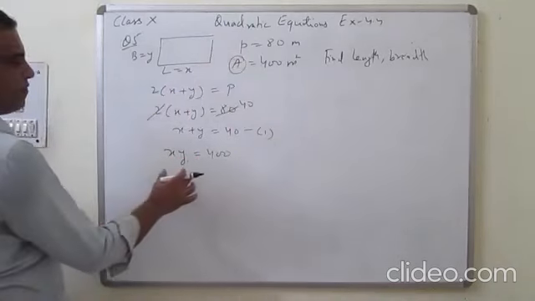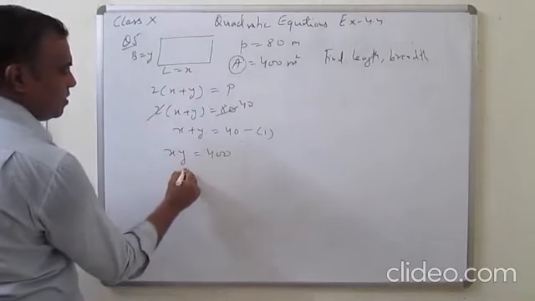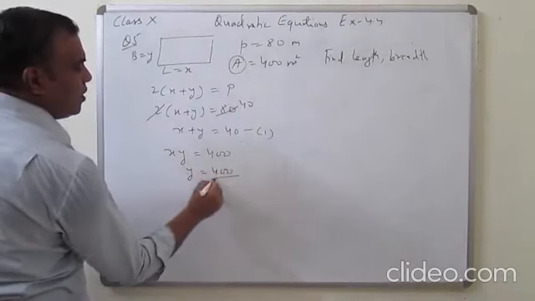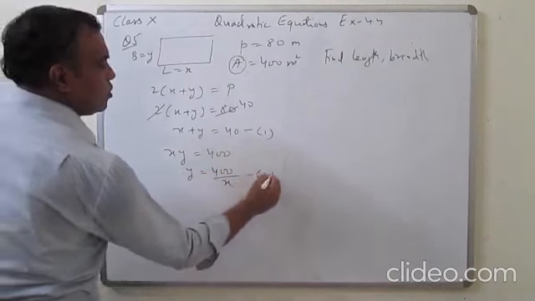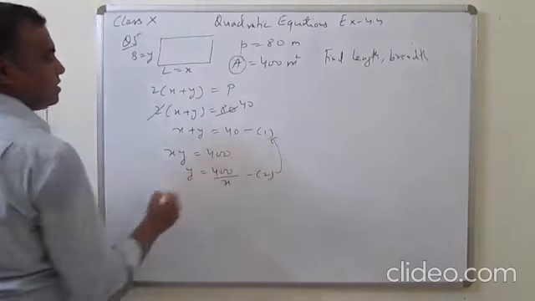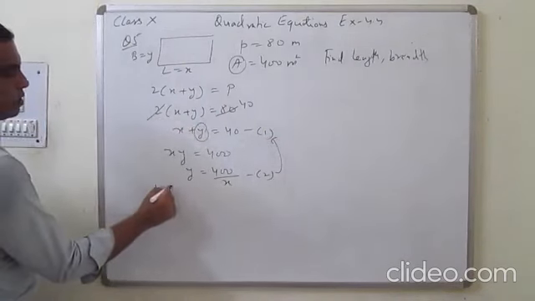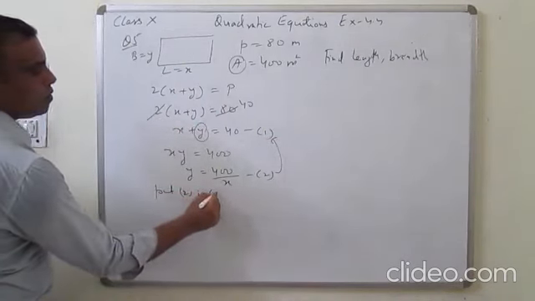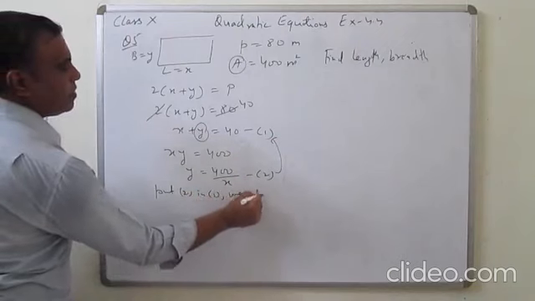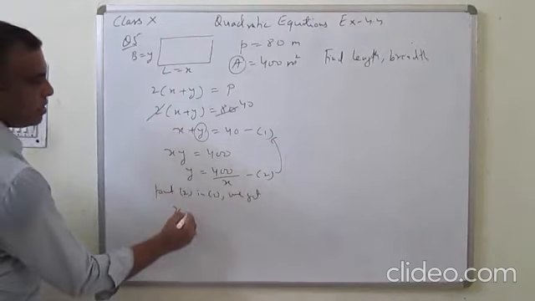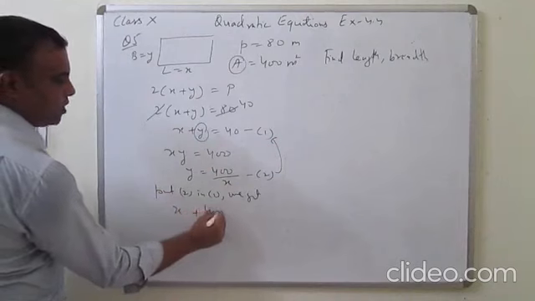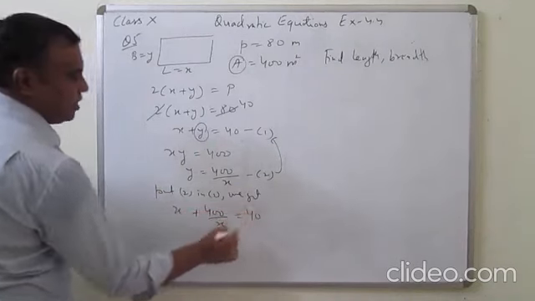Now from here we can find the value of y. y is 400 upon x. This is equation 2. Put it in equation 1. Put the value of y in 1. We get x plus 400 upon x is equal to 40.